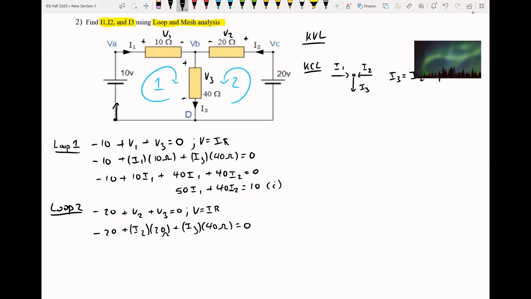All right, if we go ahead and sub in our I3 is equal to I2 plus I1, we will get -20 plus 20 I2 plus 40 I1 plus 40 I2 is equal to 0.